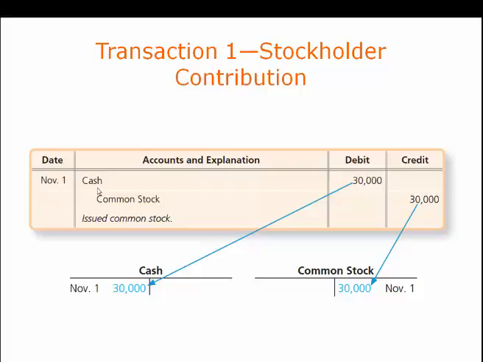The date is in the upper left. The debit account is always on the top, and you put it in the debit column. Then the next account, the credit, is going to be on the bottom, and it's going to be indented. So you have debits and credits, 30,000 and 30,000, and you have a description. Typically, we'll omit the descriptions for what we do.